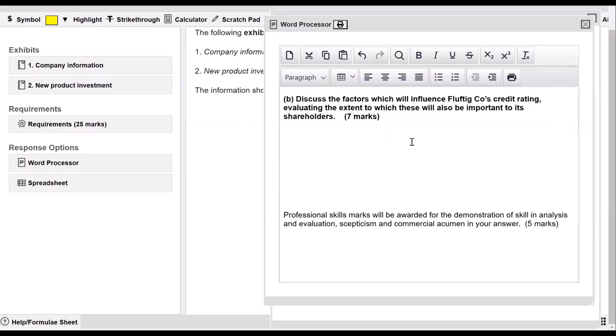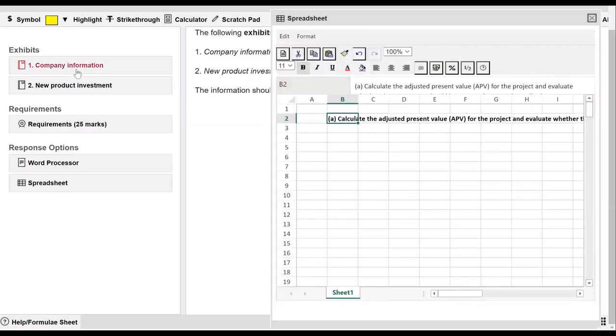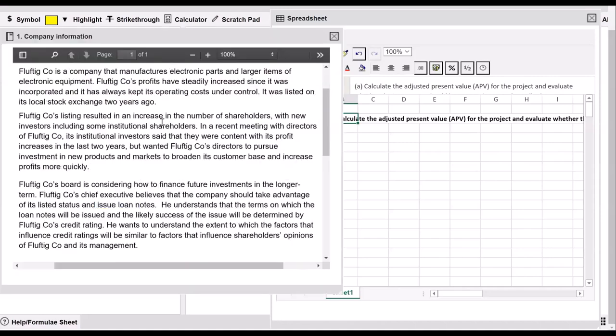The second requirement is to discuss the factors that are going to influence credit rating. Now let's head into the exhibits. Exhibit 1 is about Fulftig company, and it mentions that the company was listed 2 years ago. There is an increase in the number of shares.